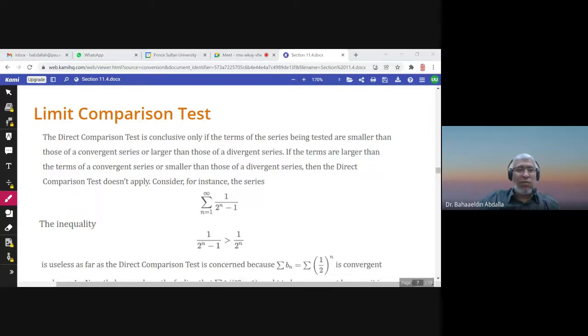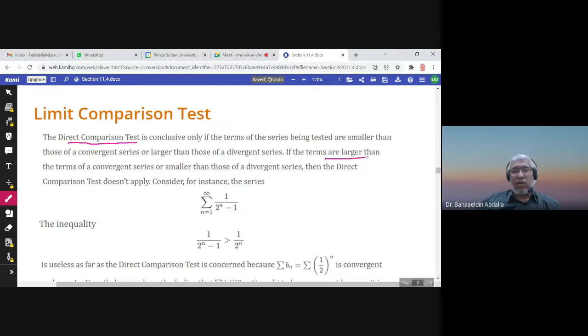This is the second part of section 11.4, comparison tests, and it's about the limit comparison test. We studied the direct comparison test in the previous video, and we use it when we can easily prove that a_n is less than a convergent series, or greater than a divergent series.